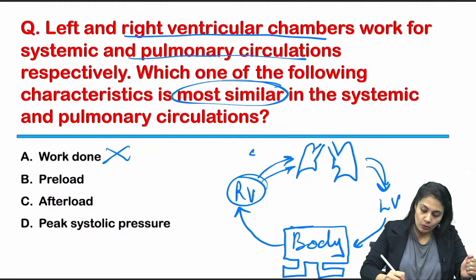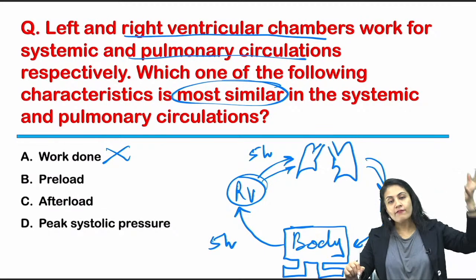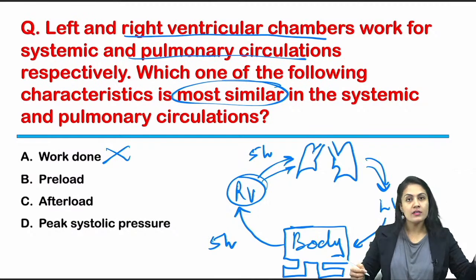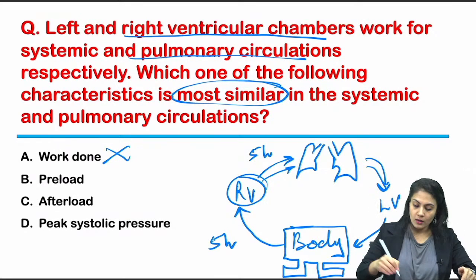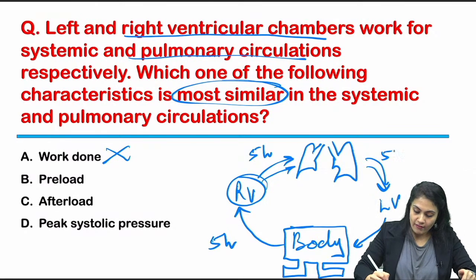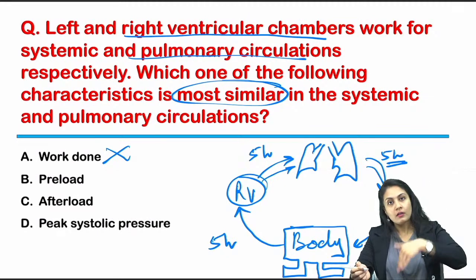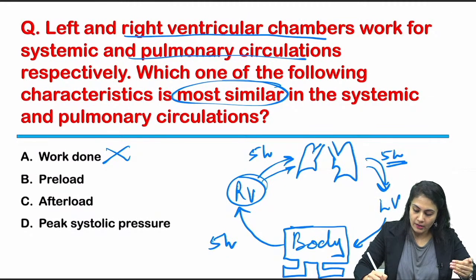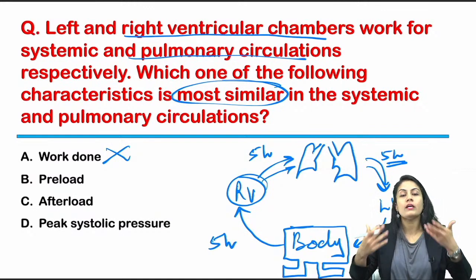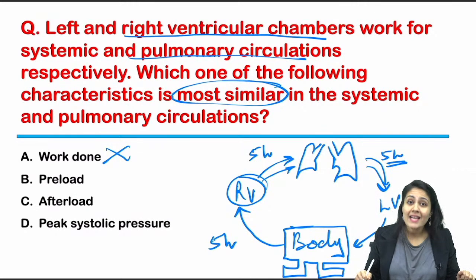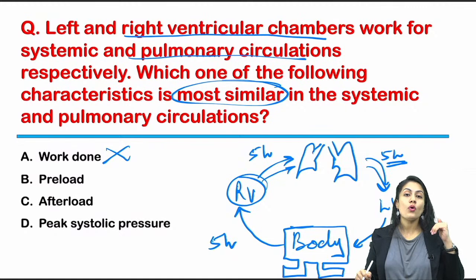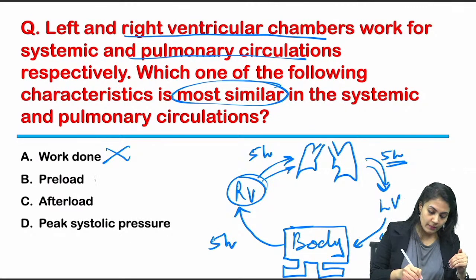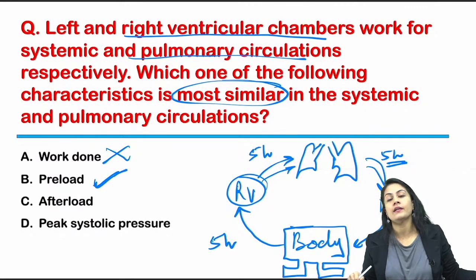Preload: suppose 5 liters is the venous return. The same 5 liters comes into the right ventricle, goes to the lungs, and the same 5 liters comes into the left ventricle per minute. The same 5 liters of cardiac output is given to the body. That means the preload is similar in the pulmonary and systemic circulation.